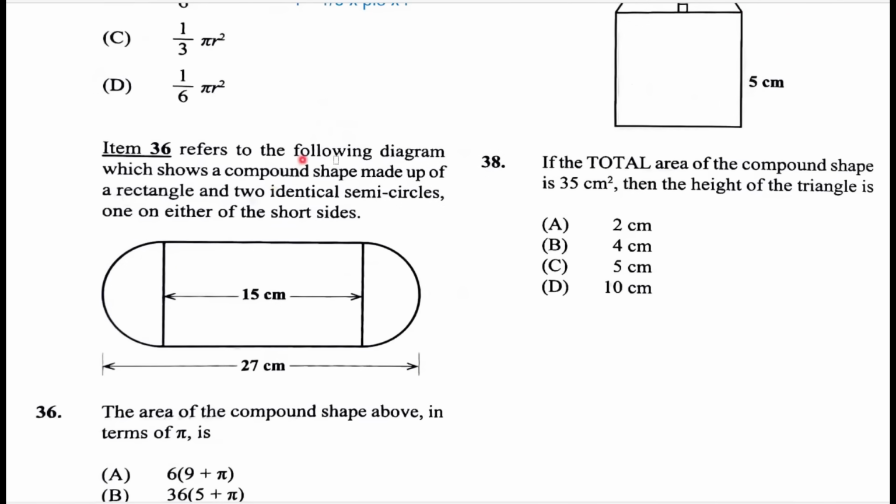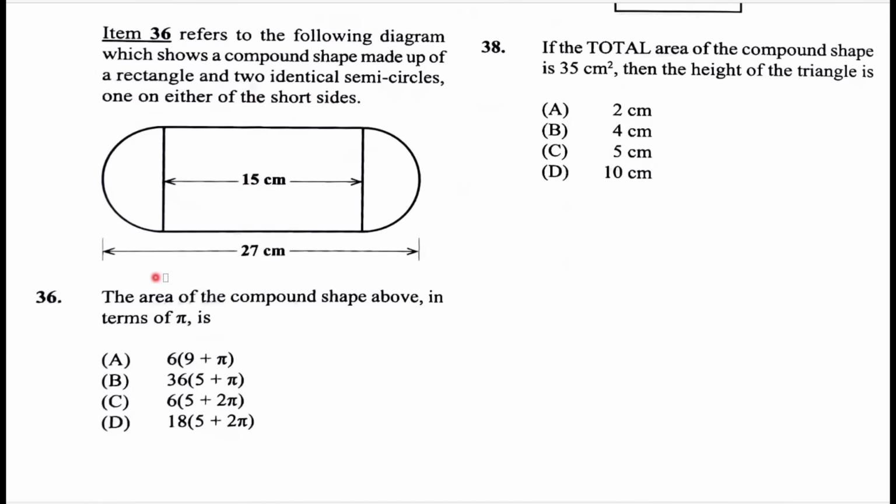36. Refer to the following diagram, which shows a compound shape made up of a rectangle and 2 identical semicircles, 1 on either side. Area of the compound shape in terms of pi is... So that's going to be a little iffy. We have a lot of work to do here. So I will say immediately that the 2 half circles will make 1. So I just find the area of 1 circle and add it to the area of a rectangle. So area of a circle will be pi R squared, and what will R come like?